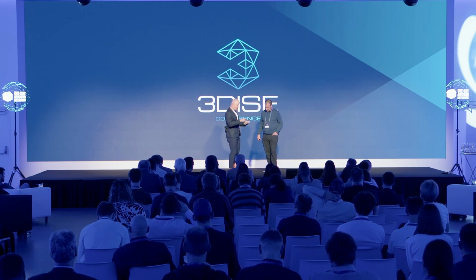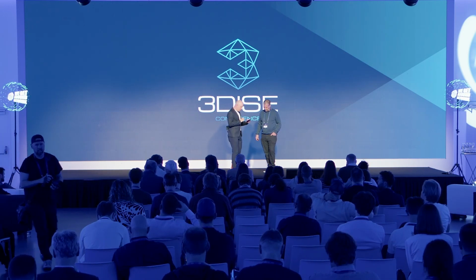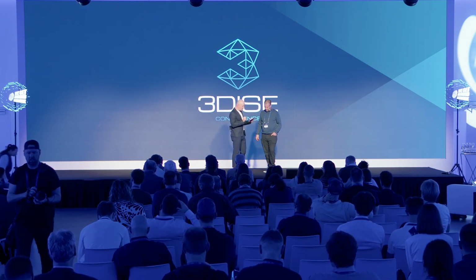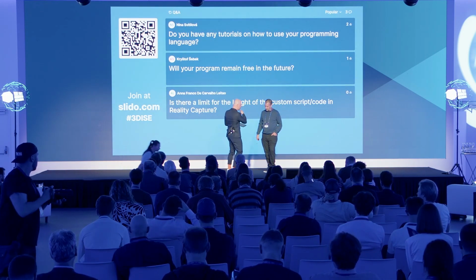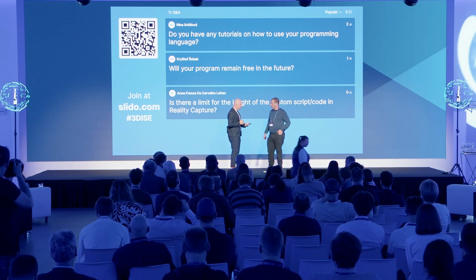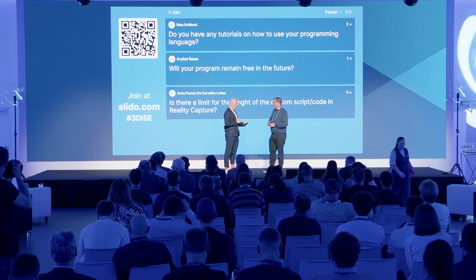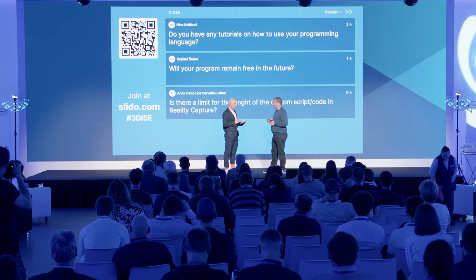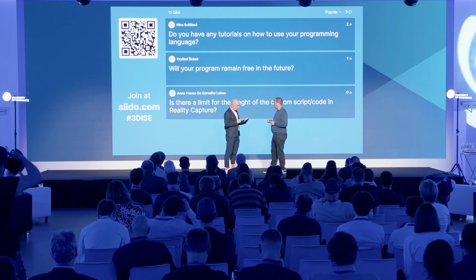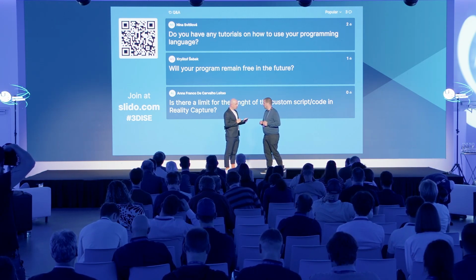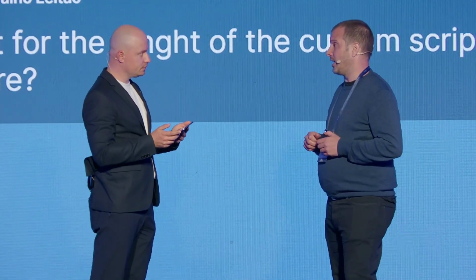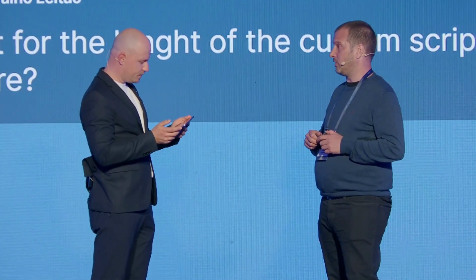Quick question, we've got a few that came through. So the first one, do you have any tutorials on how to use your programming language? Was that the one on the QR code? RCcmd? I think the programming language is RCcmd, but there's many on CLI, and basically it's a simplified version of CLI.